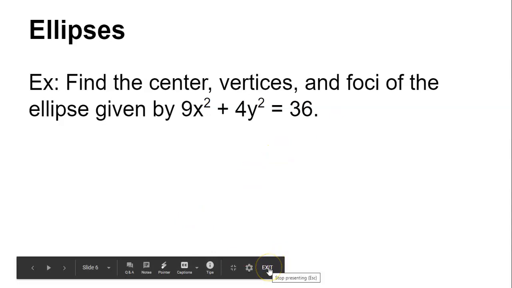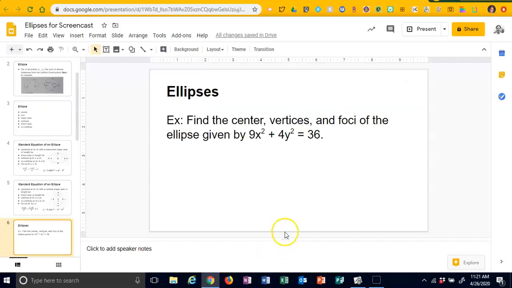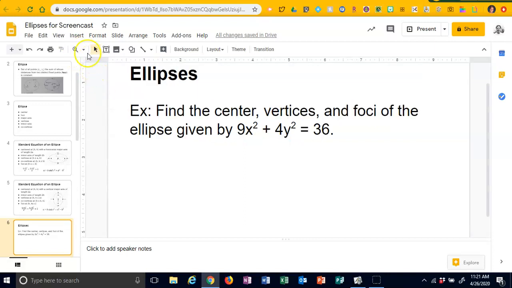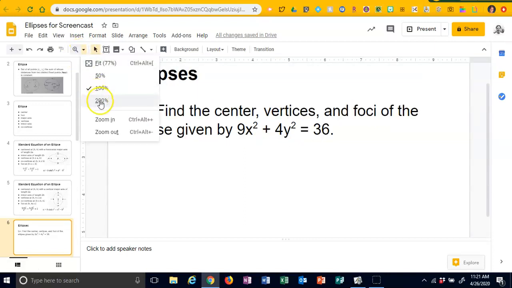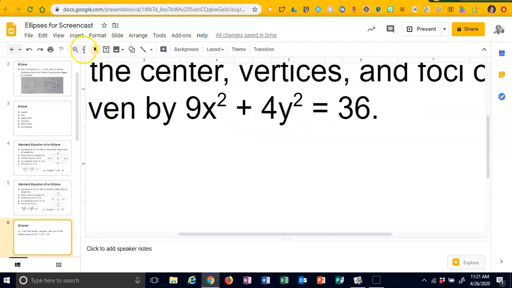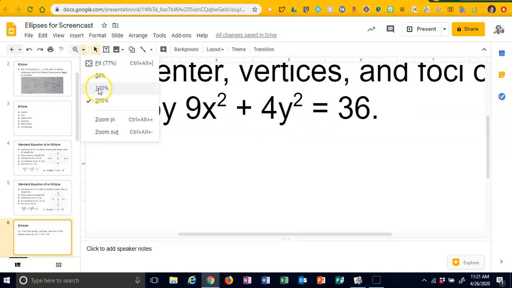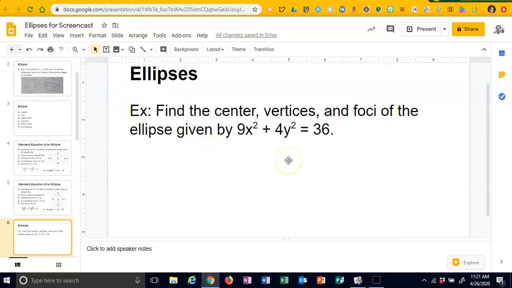I'm going to exit out a little bit so I can write on this one. Maybe I can make it bigger. 200 is probably too big. Let's go back to 100. Okay, that looks pretty good.